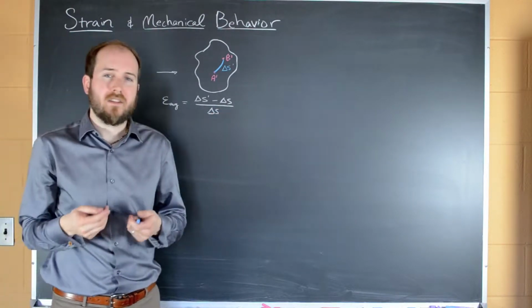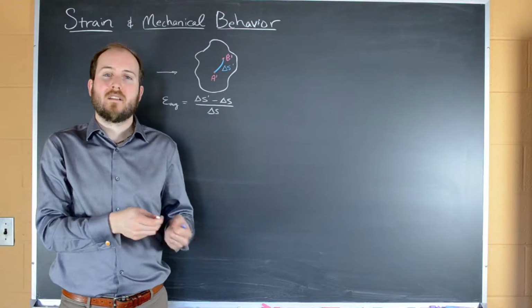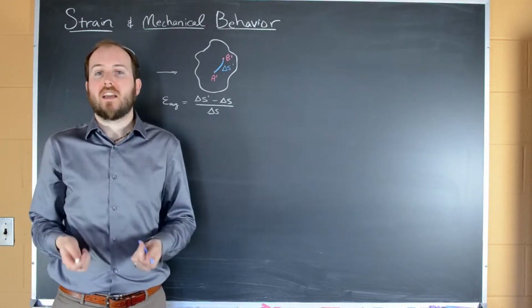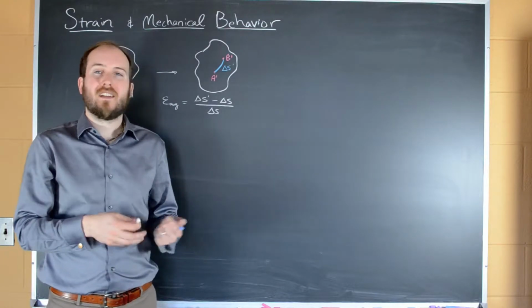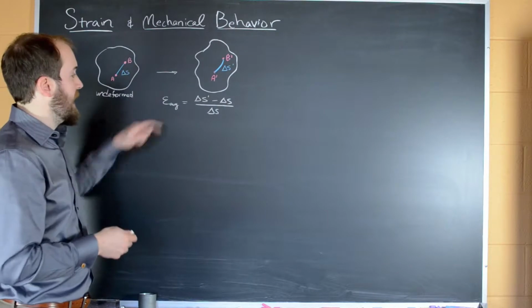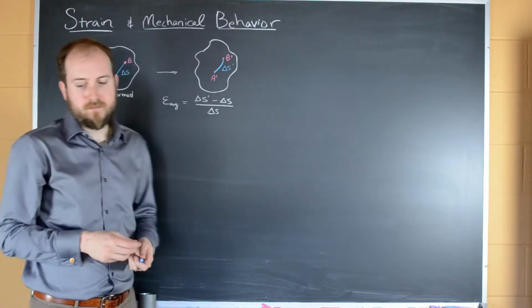All we're really saying here is that we want to examine the change in length compared to the original length, or the percent elongation, the percent contraction. How much bigger or smaller did our object get? And that's going to give us an average normal strain.